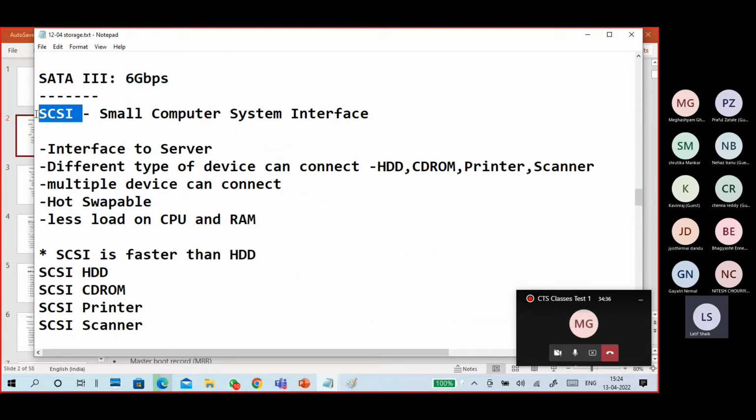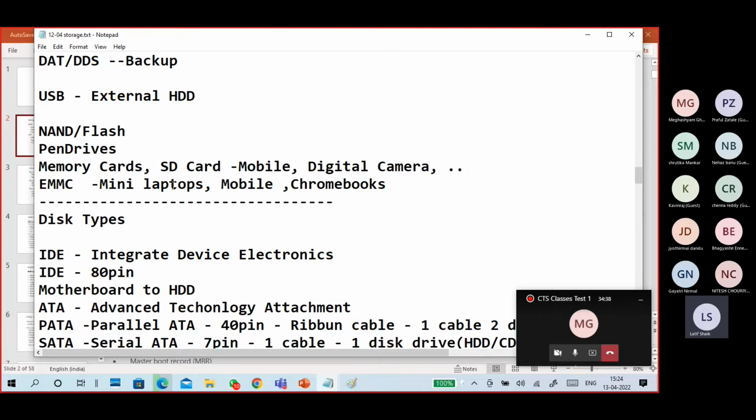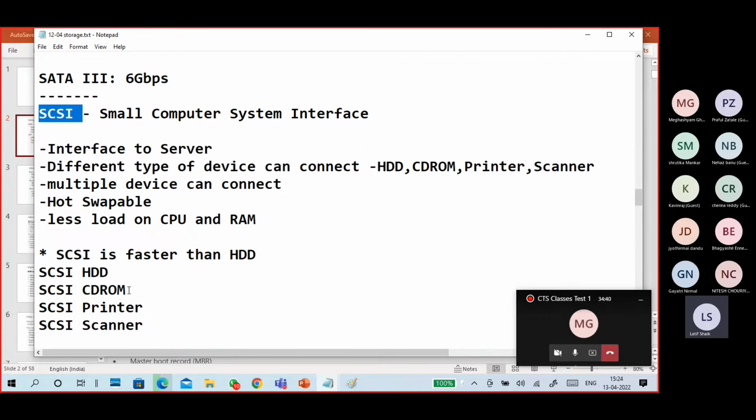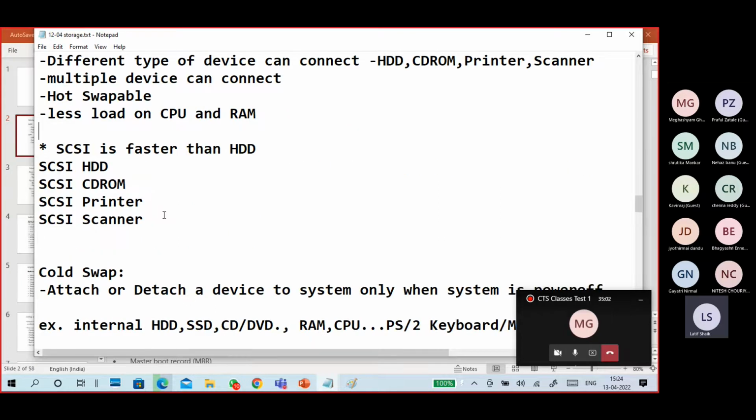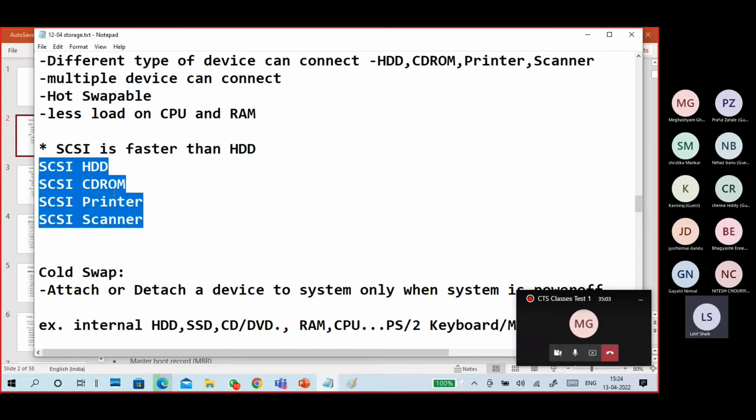Next one is SCSI type of disk. SCSI disks are faster than a normal regular SATA hard disk. SCSI we use in enterprise environments only. We connect it to our server directly with an interface card, and different types of devices can be connected. It is hot swappable, and multiple devices can be connected.